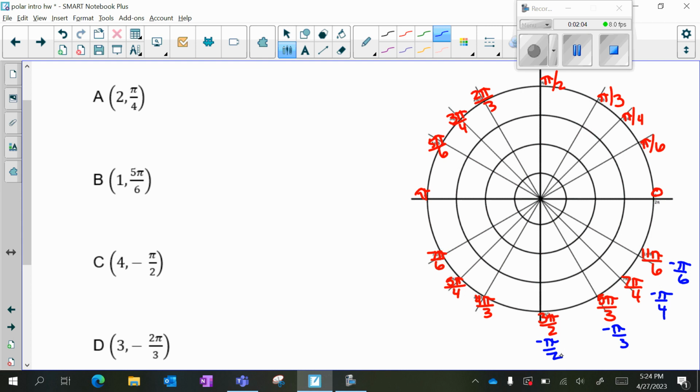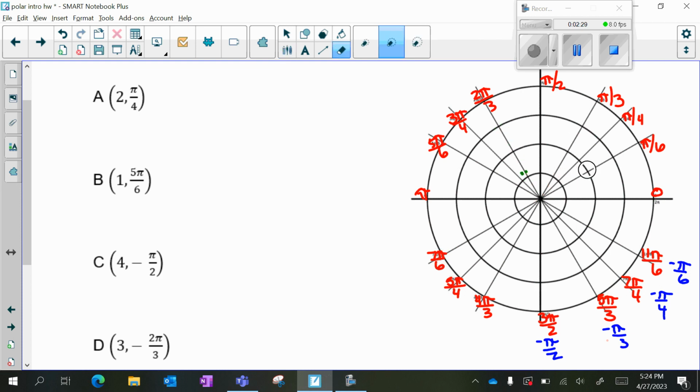Then notice that there are different circles. For example, this circle has a radius of 2 because here's the first, here's the second. This circle has a radius of 3. So I'm going to plot the points that are given in a second, but I just want to start working backwards first.